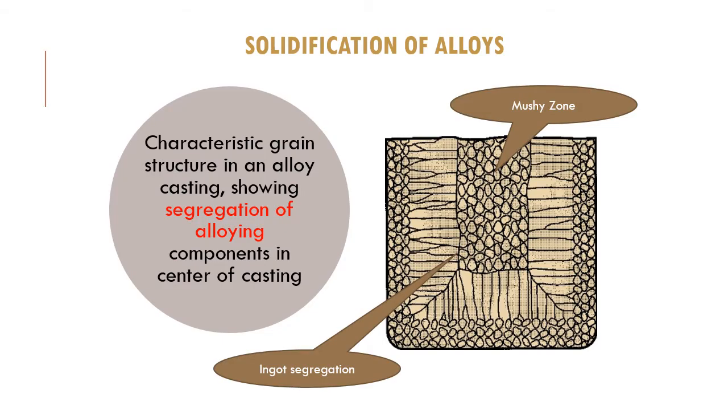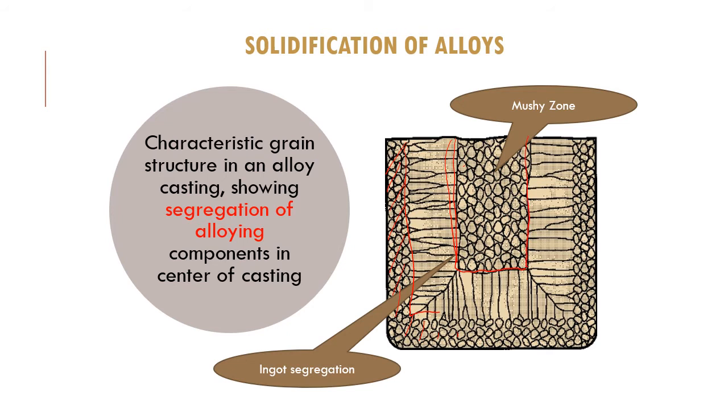The grain of the alloy during solidification is a little bit different from the pure metal. The outer part is still the same, where the molten metal will start to solidify first. Then when it starts to freeze, there will be a certain time where there is a combination of liquid and solid metal in one area. This area is what we call the mushy zone.